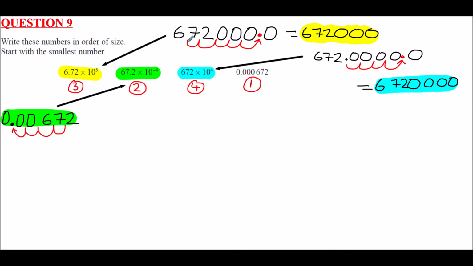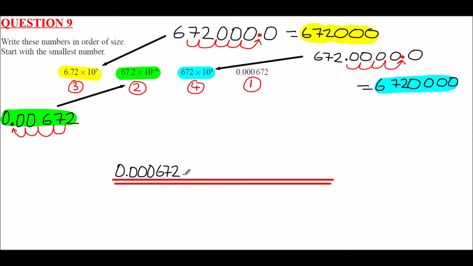So the smallest number, number 1, is 0.000672. So I'm just going to underline this final answer in red. The smallest, like I say, 0.0000672.